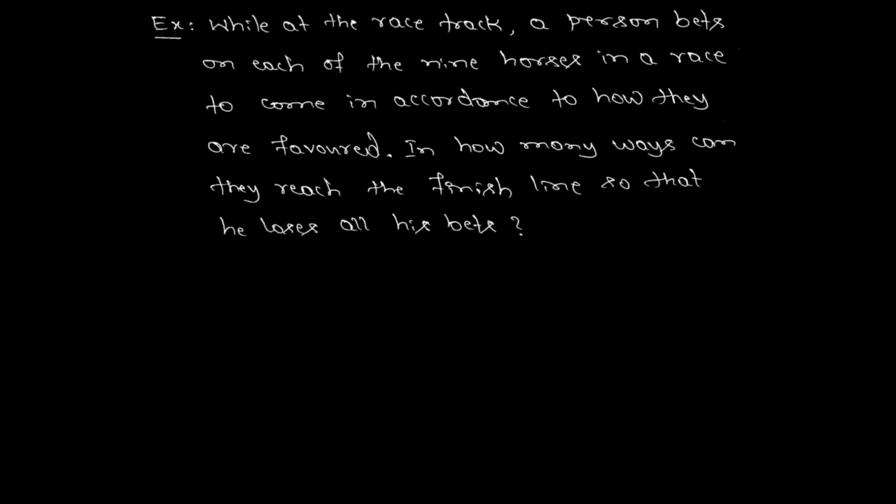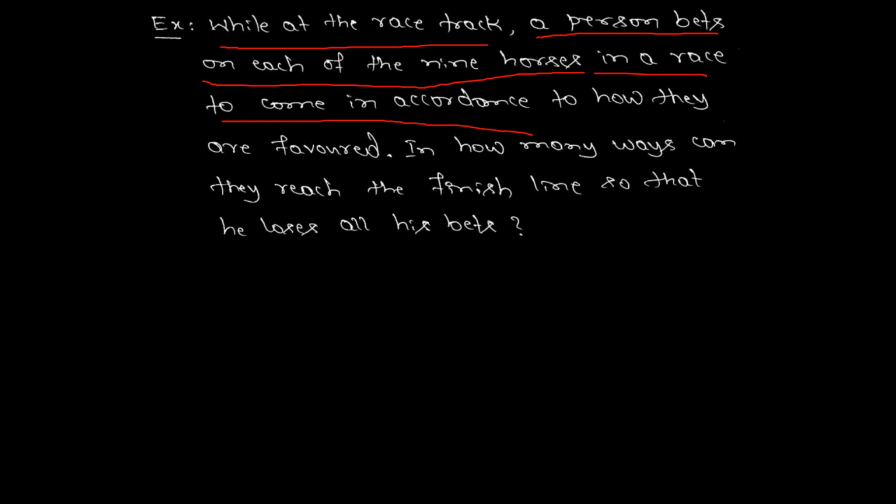Now let us take an important problem. While at a race track, a person bets on each of the 9 horses in a race to come in accordance to how they are favored. That means, suppose there are 9 horses, 1, 2, 3 and so on, 9 horses.